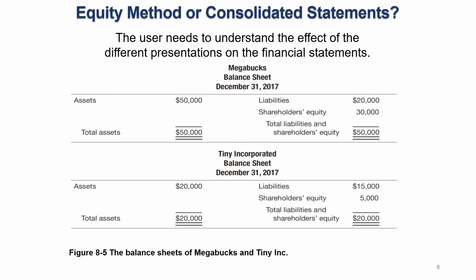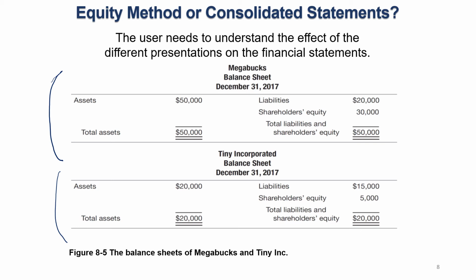All right, so I own a company and I own 50%, let's say. And when we look at this, we have the big company, the megabucks, and the tiny company. And under the equity method, what would show up on the megabucks would be investment in tiny company. One line on the balance sheet, one line on the income statement, income from investment in tiny.